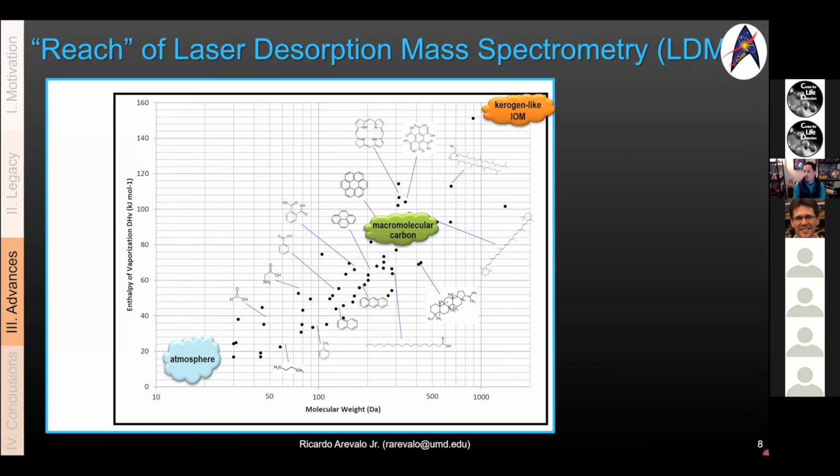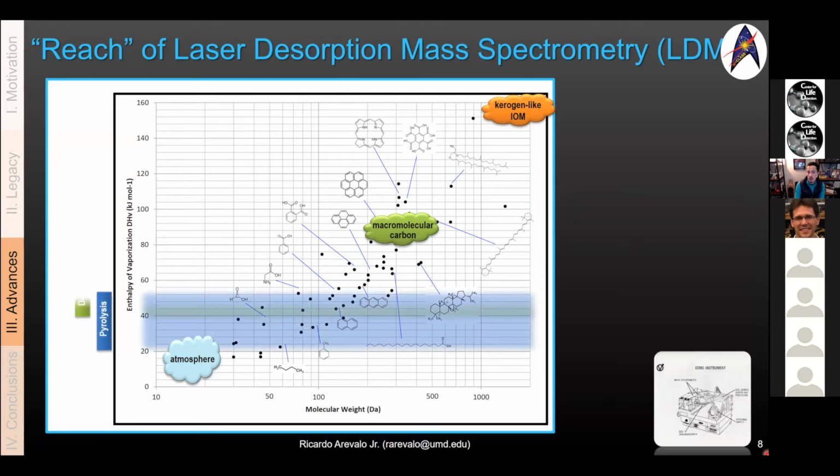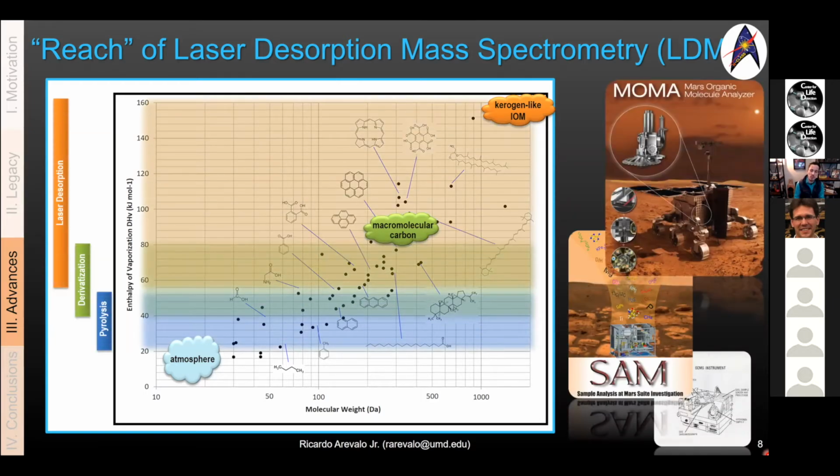So we're not the first group to pioneer laser desorption mass spectrometry. Some of the more fundamental advantages of that analytical technique have been appreciated for a while. And so one way that the MOMA team has tried to convey this is access to more refractory organic compounds.